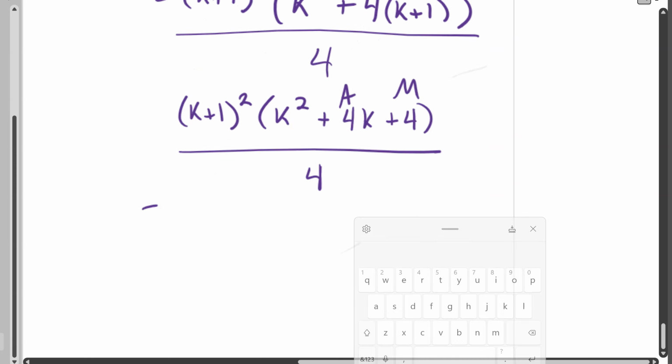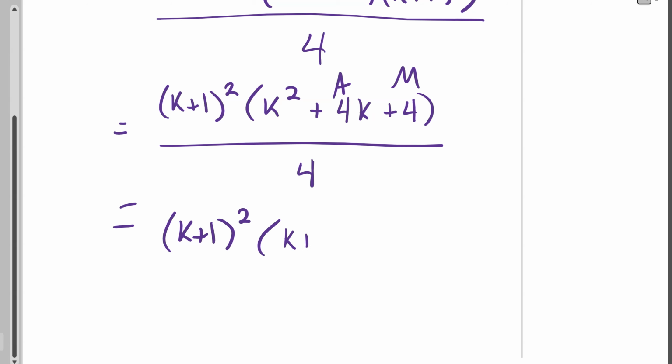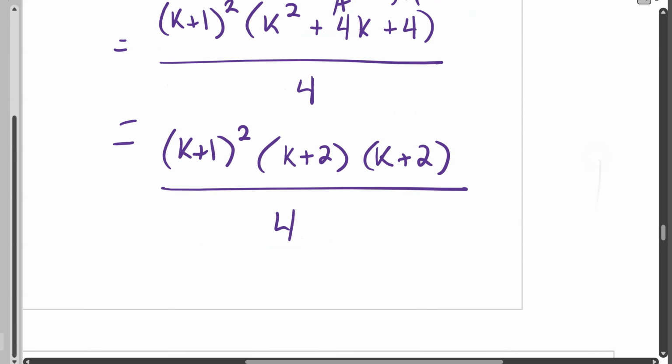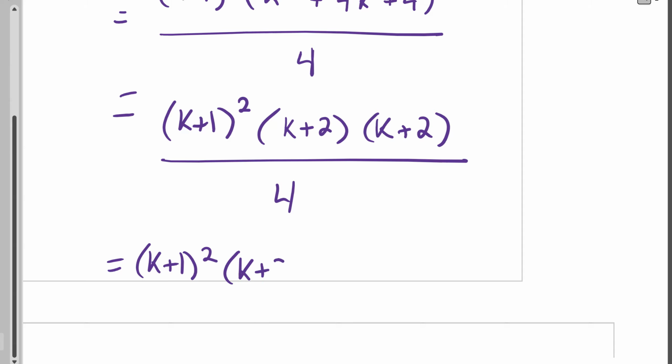All right, so I've got the k plus 1 squared, and then I've got k plus 2 times k plus 2, all divided by 4, which, if I then clean that up, is equal to k plus 1 squared times k plus 2 squared, divided by 4, which is exactly what I wanted to get it to look like, right?